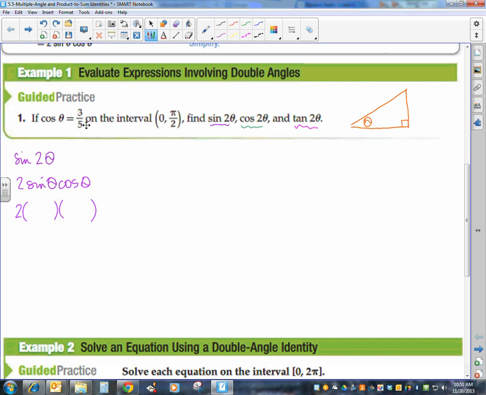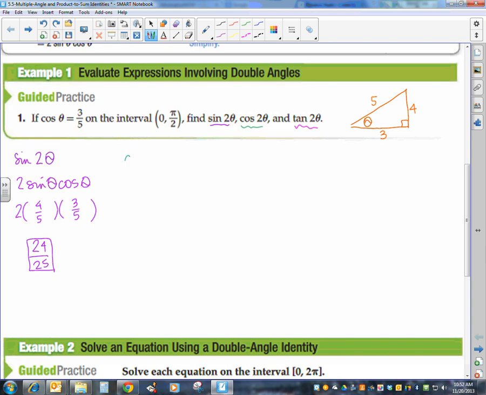If the cosine is 3 over 5, that's adjacent over hypotenuse. And hopefully you recognize the Pythagorean triple, so that's a 3, 4, 5 triangle. So now to fill it in, what is the sine of theta? Opposite over hypotenuse. So that is 4/5. Cosine we already know is 3/5. So we multiply that out and we get 24 over 25. So that is the sine of 2 theta.